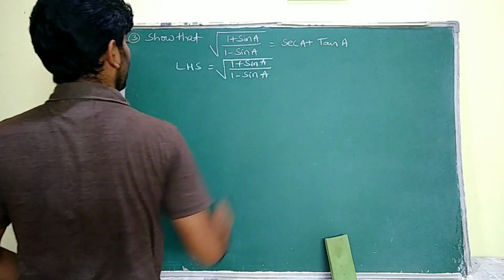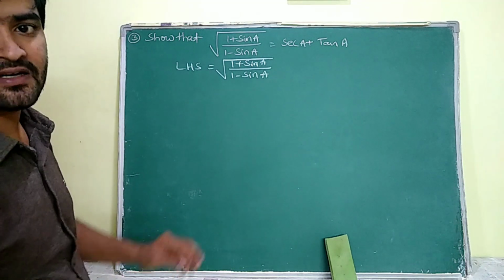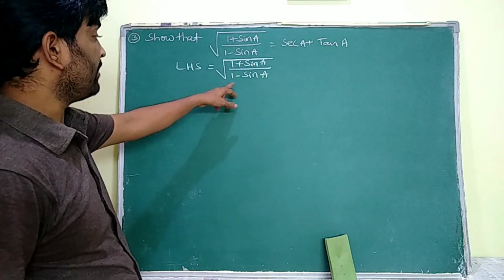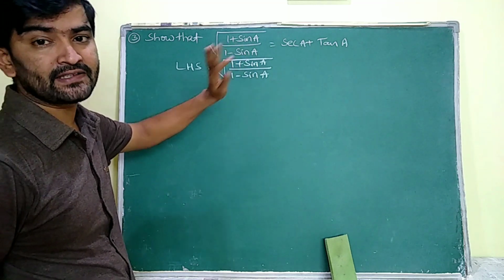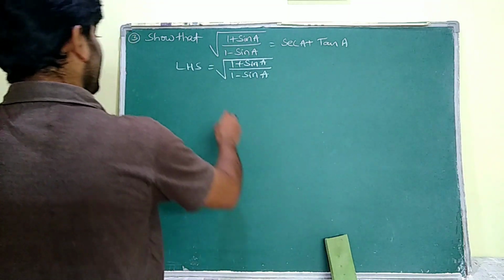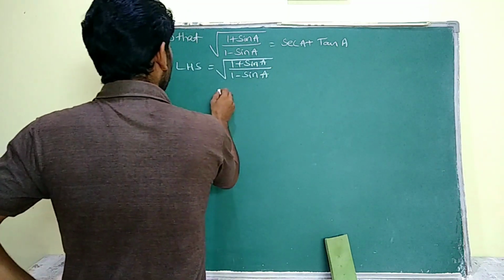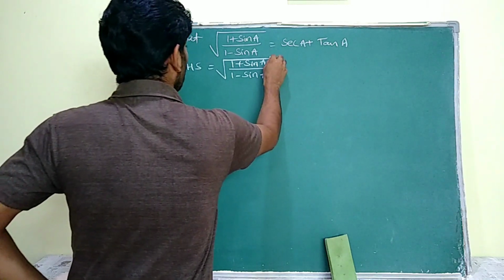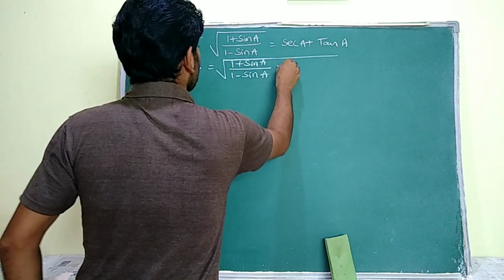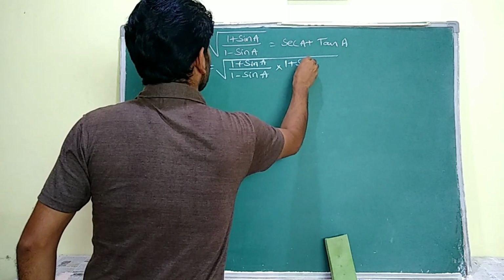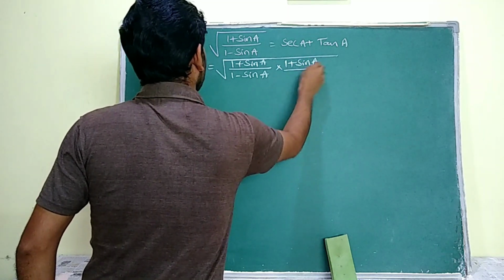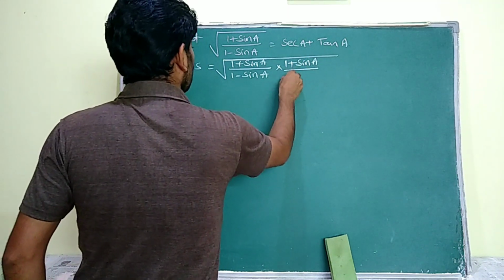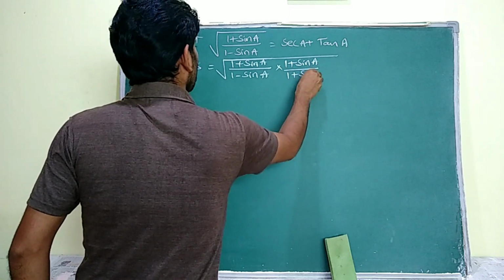Just write the rationalizing factor of the denominator. Here 1 minus sin A, its rationalizing factor, I am going to write as 1 plus sin A. So here only I am going to multiply 1 plus sin A, the rationalizing factor of the denominator, that is said to be the conjugate.